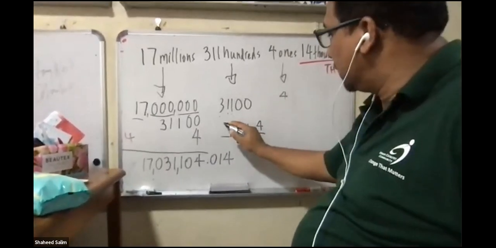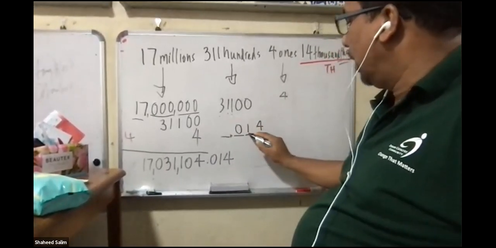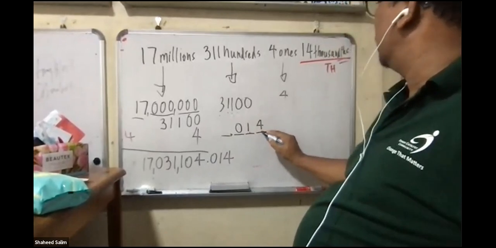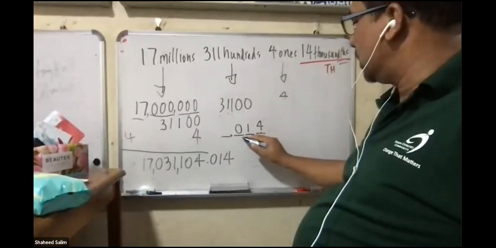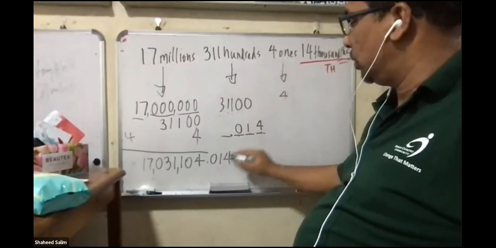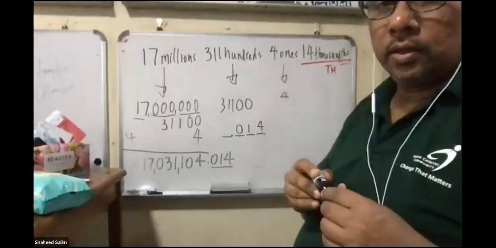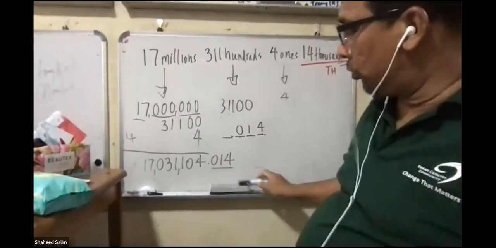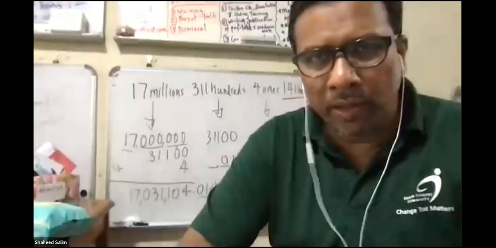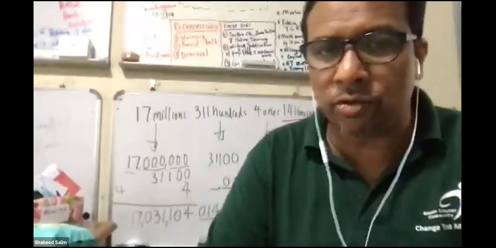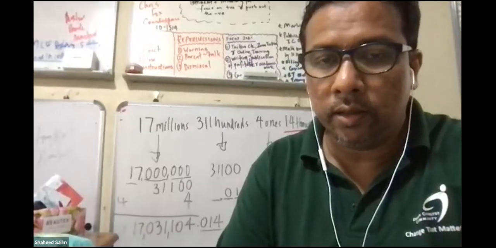This is ones, this is tens, hundreds, thousands. So write the 14 in the thousands. This one blank, you put a 0. That's it. All right, we will try again later. We will be revising this throughout the whole year.